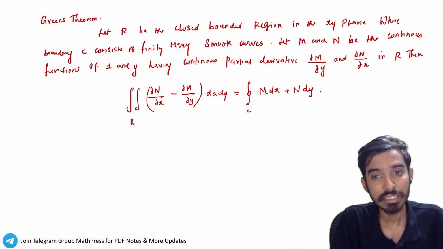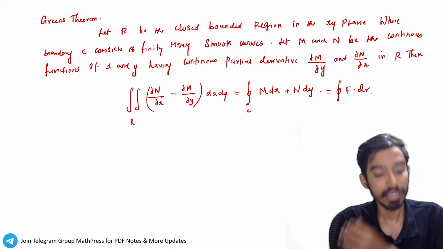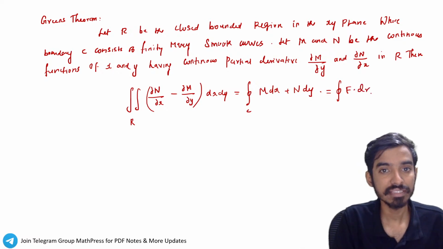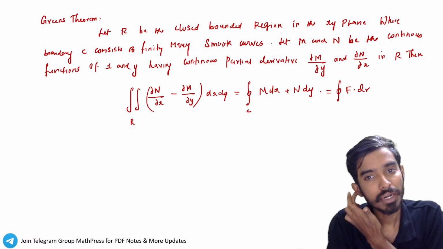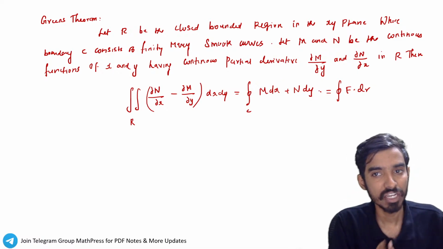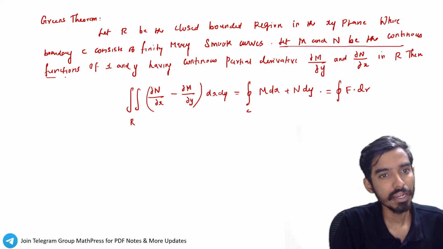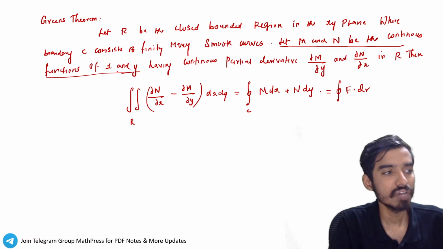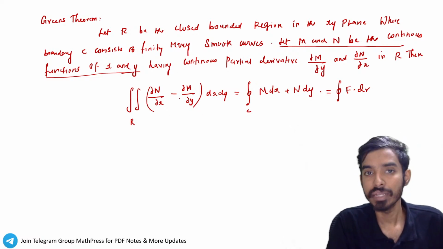So this is nothing but your F dot dr, because we know dr is dx i vector plus dy j vector, and if you make a dot product with this, you will have some function. M is a function of x and y, and N is a function of x and y. This is what Green's theorem says, very, very important.